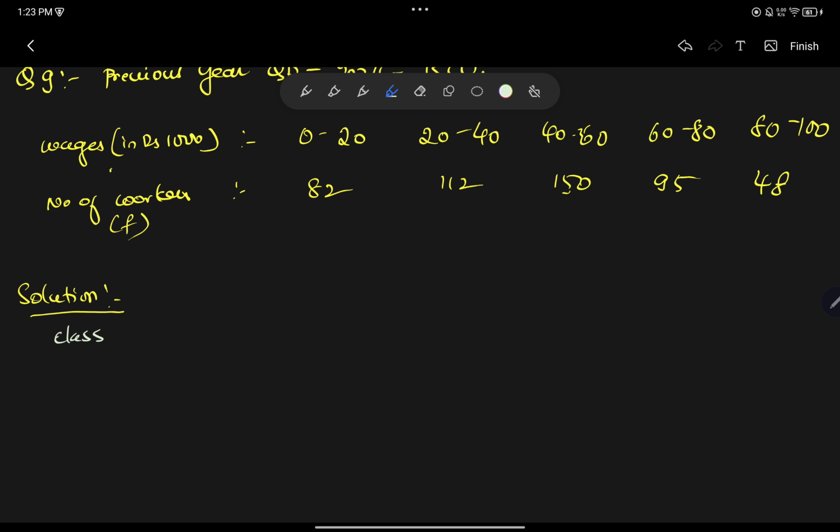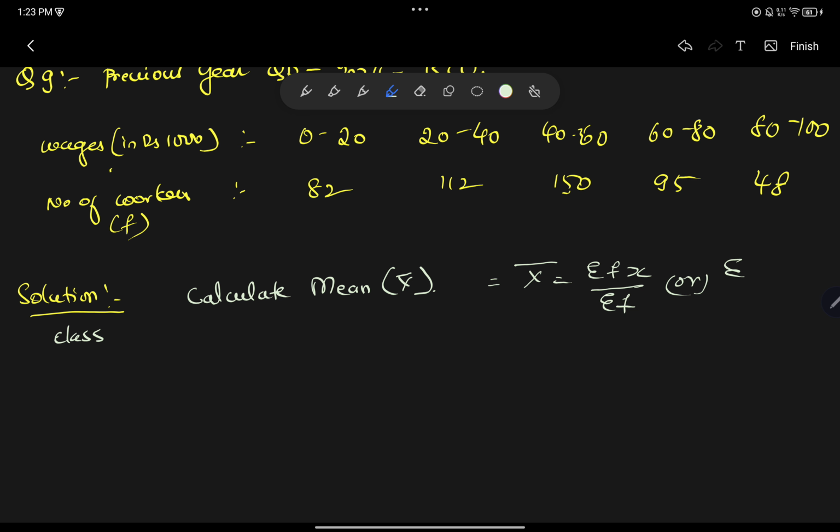First we will calculate the mean, that is x bar. The formula is x bar equals summation of fx divided by summation of f, or x bar equals summation of fx divided by n.